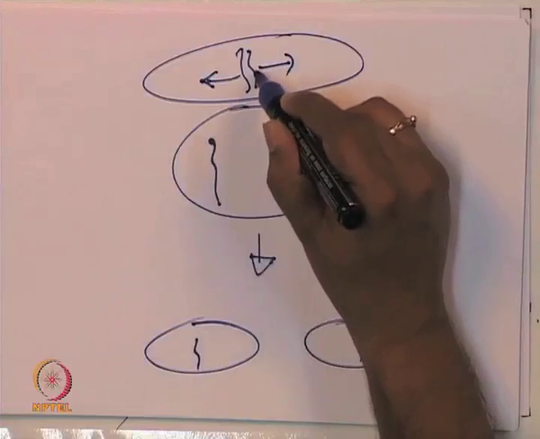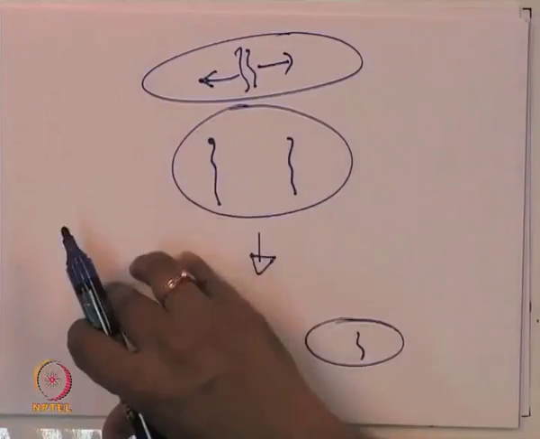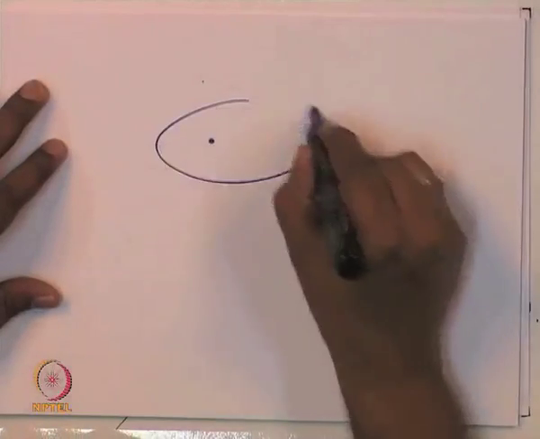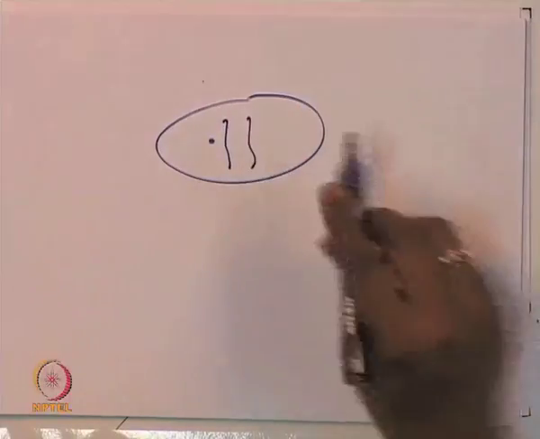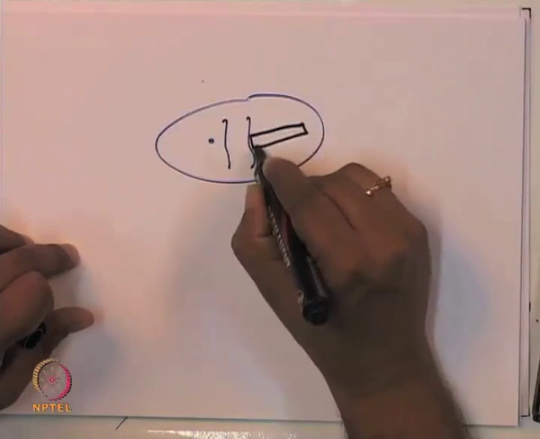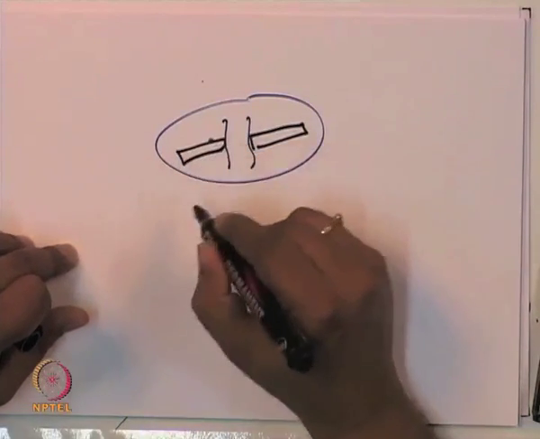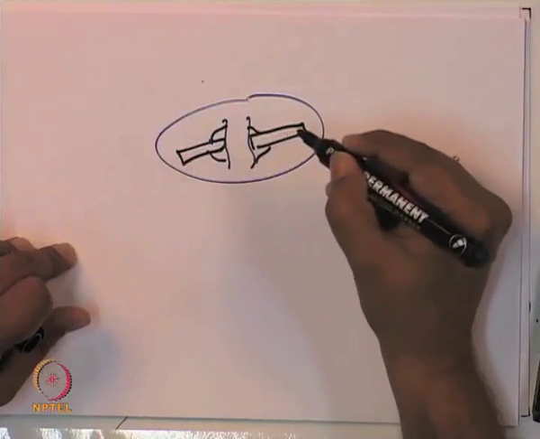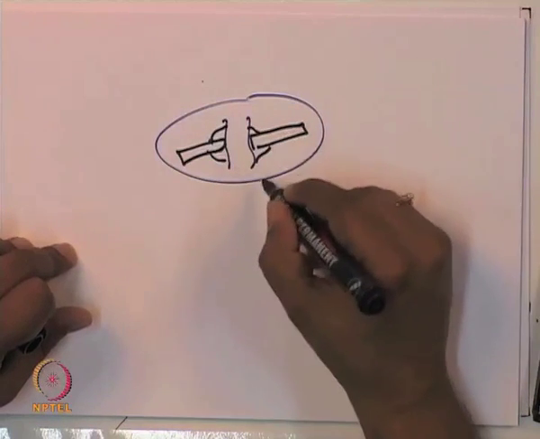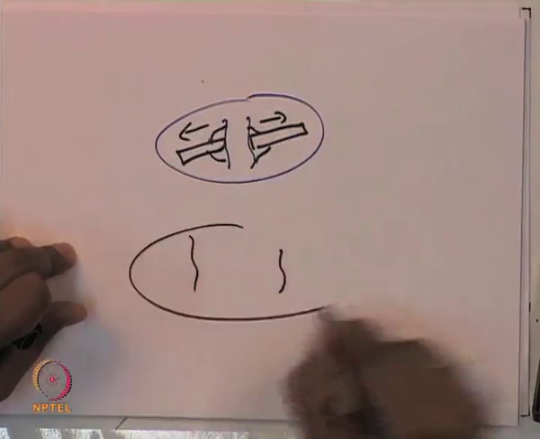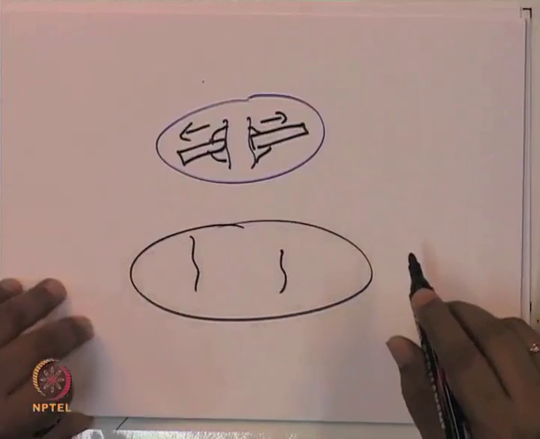Typically, if you imagine the situation, what you have is some cytoskeletal machinery, basically microtubules, connected to this, and this generates a force in each direction and takes the chromosomes to both sides. So, this is what typically happens.